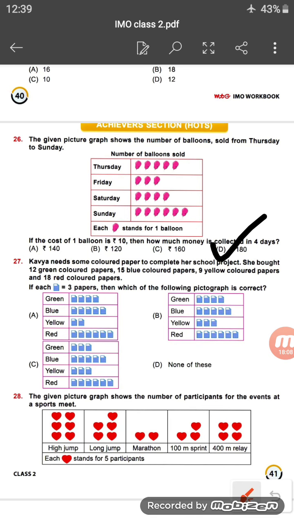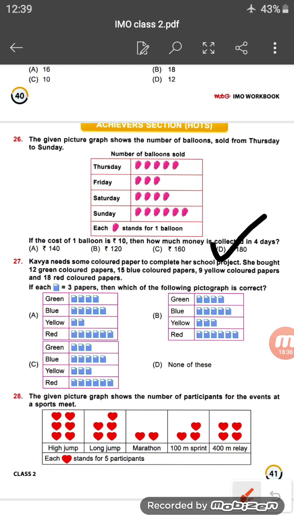Next, if blue color stands for 3 papers, Kavya needs some colored paper to complete her school project. She bought 12 green colored paper, 15 blue colored paper, 9 yellow colored paper, and 18 red colored papers. So each blue is equal to 3 papers. Which of the following pictographs is correct?